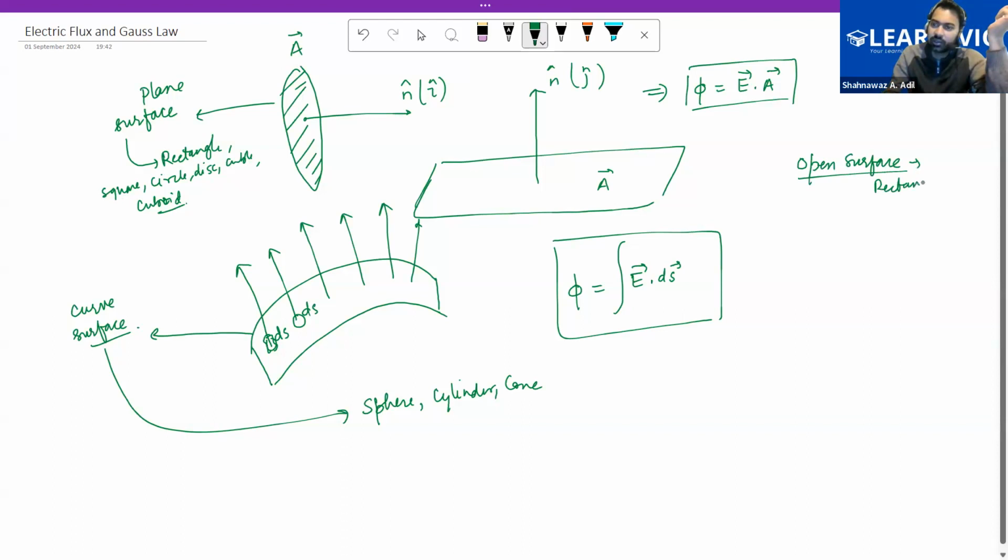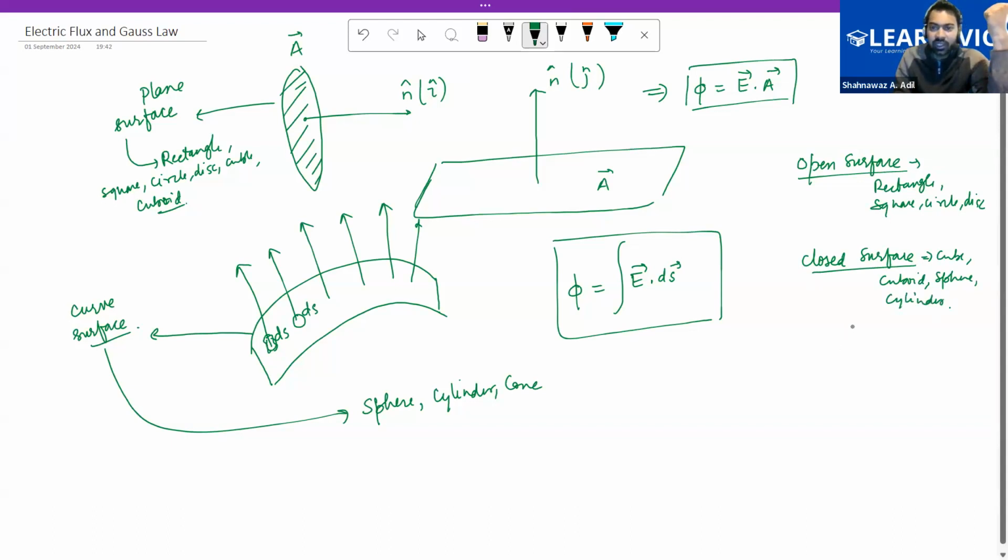Rectangle, square, circle, disc, these are open surfaces. And then you have closed surfaces, cube and cuboid, and also this sphere, cylinder, and all those things, right?